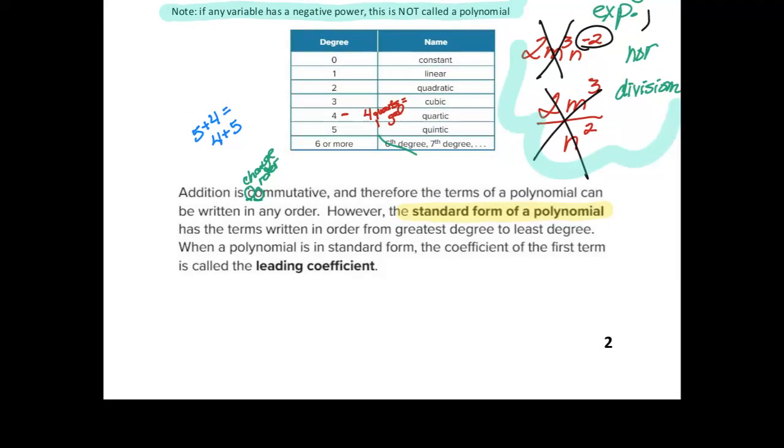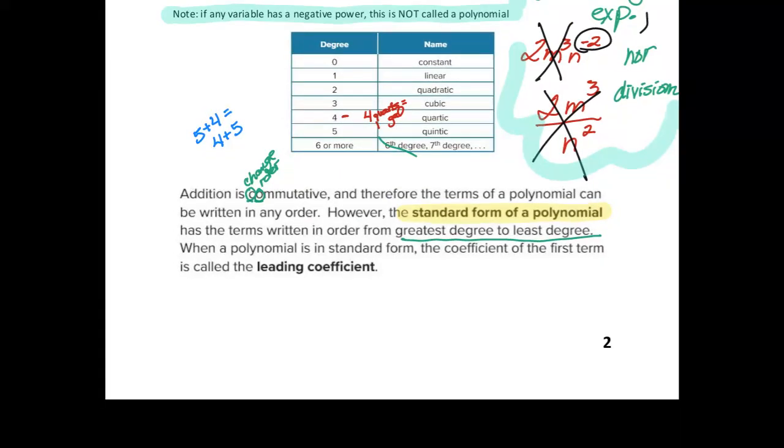Slightly different. Here, in standard form, you are going to write them from the greatest degree to the smallest degree. So that is the degree of each term. Start with the largest degree, end with the smallest. All right?